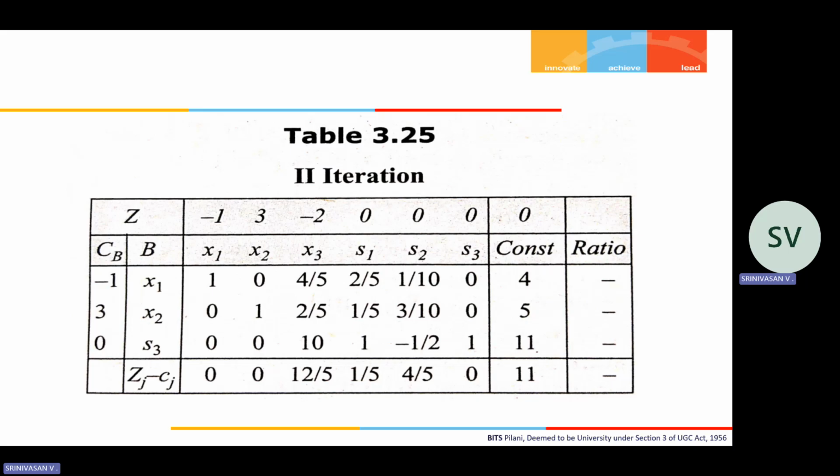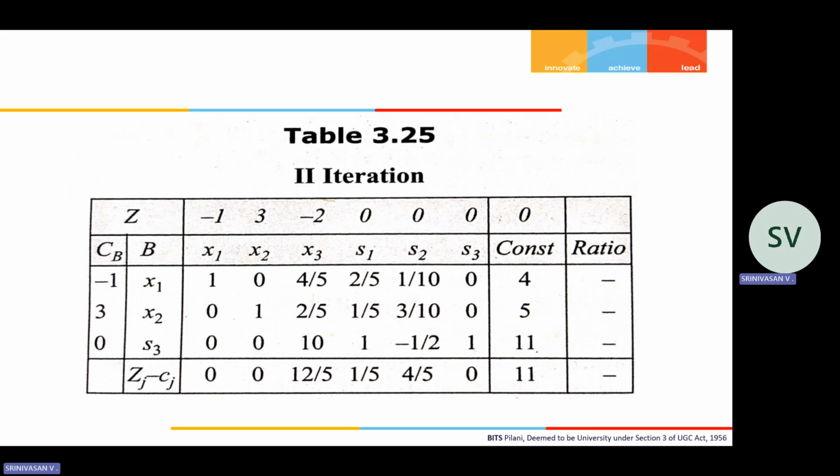Minus 1 plus 0 plus 0, minus of minus 1. So you go minus 1, minus of minus 1, 0. Then 0 plus 3, minus 3, 0. Next, minus 4 by 5 plus 6 by 5. You get minus 4 by 5 plus 6 by 5, that is 2 by 5 minus of minus 2. Isn't that?